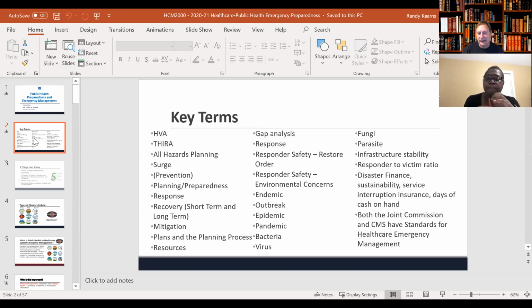And that's not unusual. In fact, it's common, and that's why we do surge planning for all of the hospitals around the country. For some, it's easier than others. Actually, in Louisiana, particularly New Orleans, surge planning is a little bit easier than it is in some places. Let me give you an example.